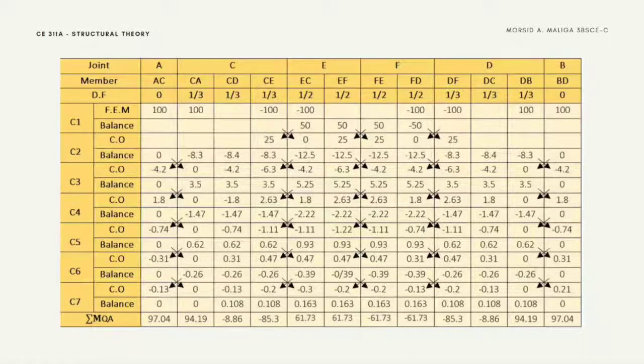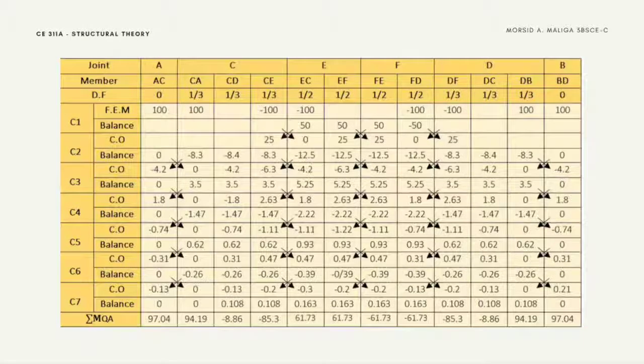For joint E, the same as joint F, it is 1/2 or 0.5. And for joint D, it is 1/3 or 0.33. Now let's look at how we got the values in our table in order to determine the moments of our figure.